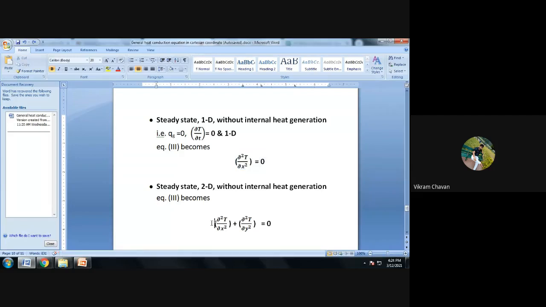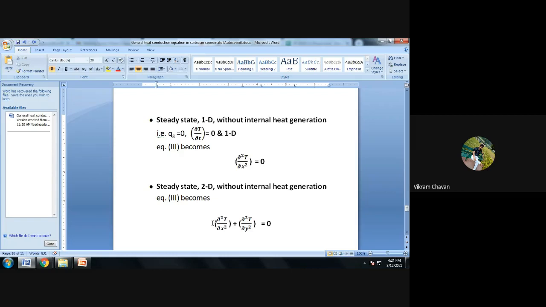So now what you understood? First of all, you have to understand the general heat conduction equation and how to interpret it in a different format. According to the statement, you have to interpret this equation into a different format. If there is steady state, the last term becomes 0.